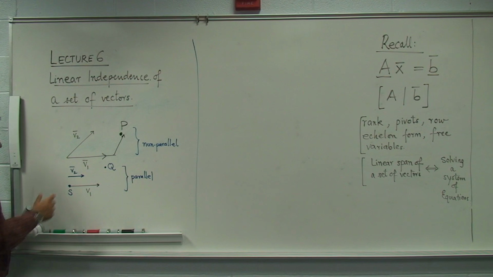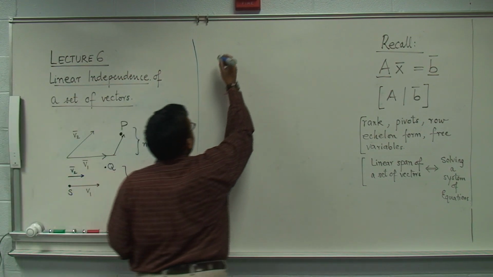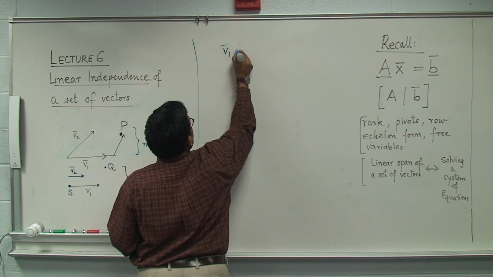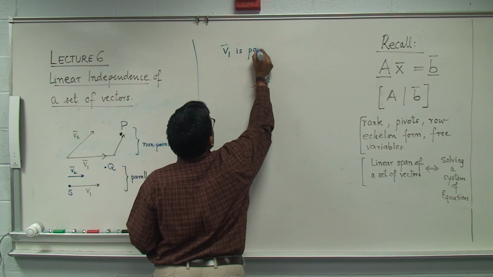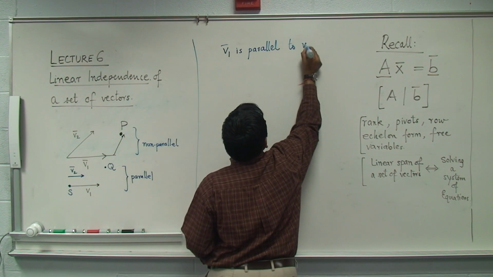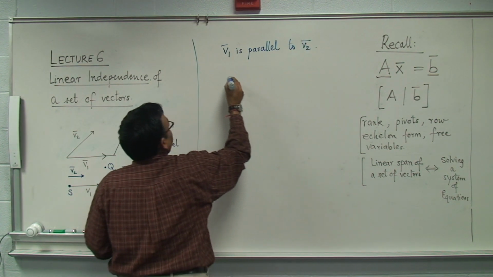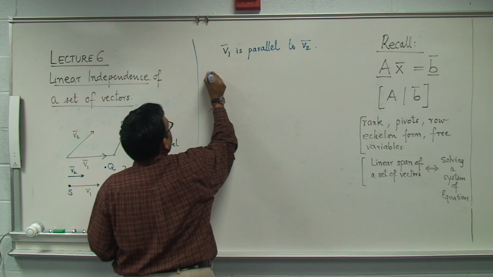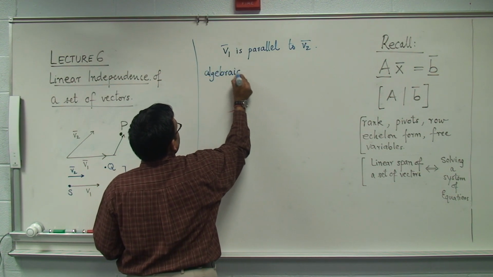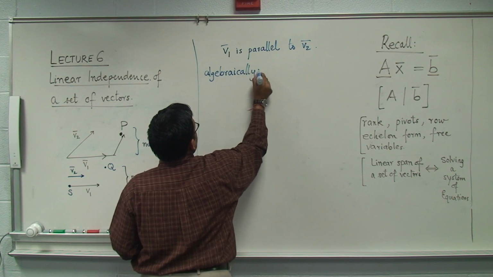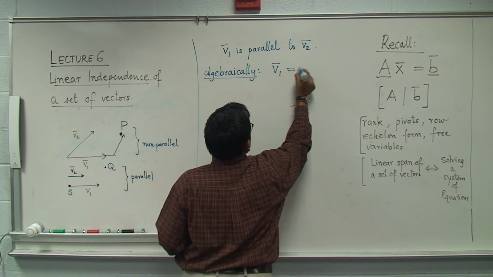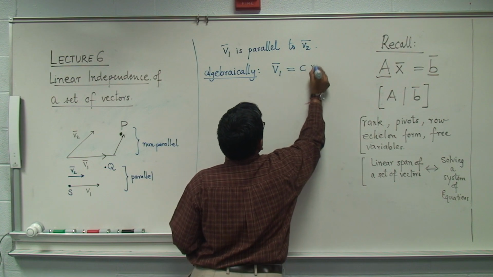When we say two vectors are parallel in two dimensions, or for that matter any dimension, so if I say v1 is parallel to v2, algebraically we mean the following thing: that v1 is some constant times v2.